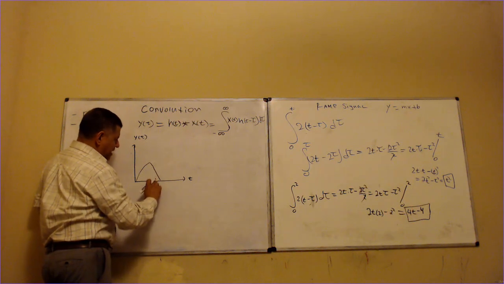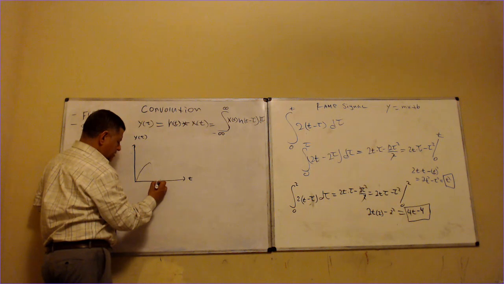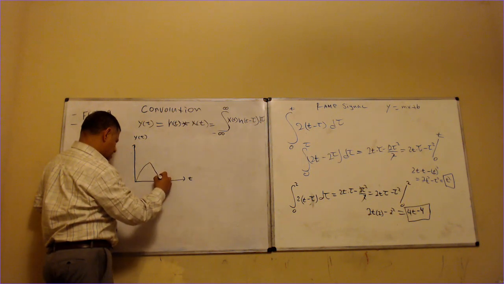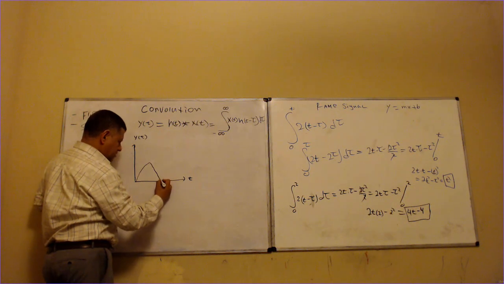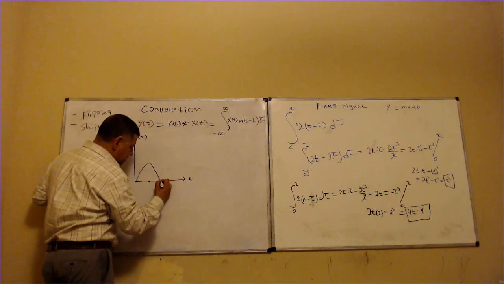It looked like a parabola, but then it decays down, and at this point it is equal to 0.